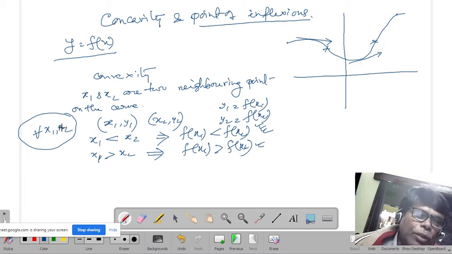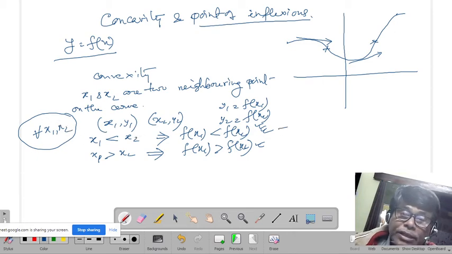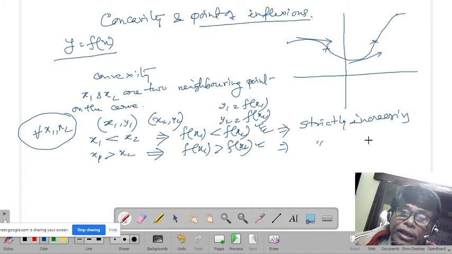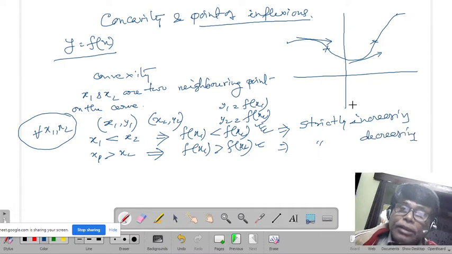But if it is for some points, then it cannot be said. Is there any problem? If this is for all points, then it is strictly increasing and strictly decreasing.